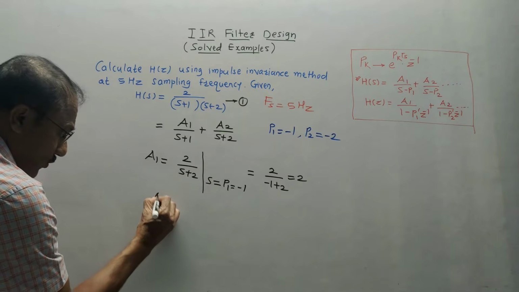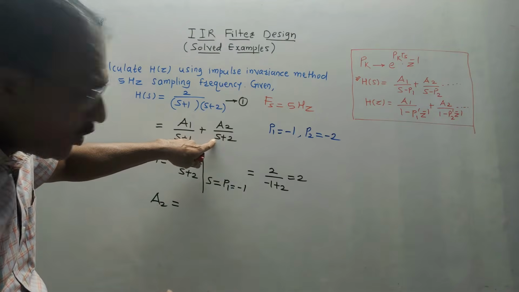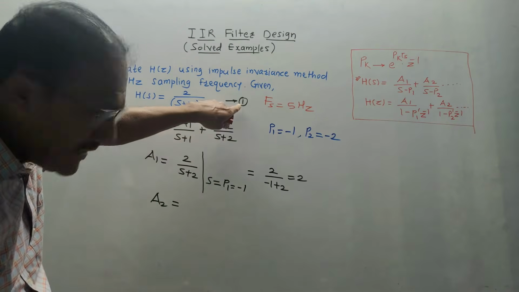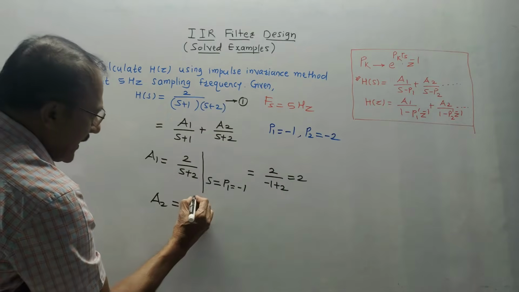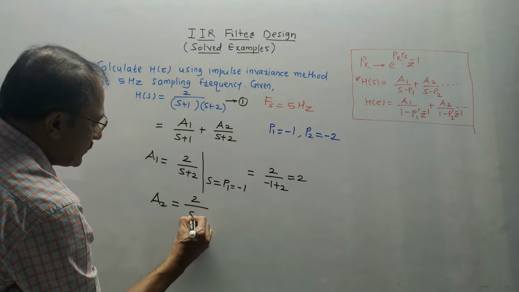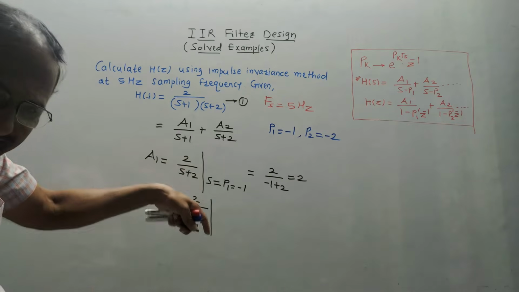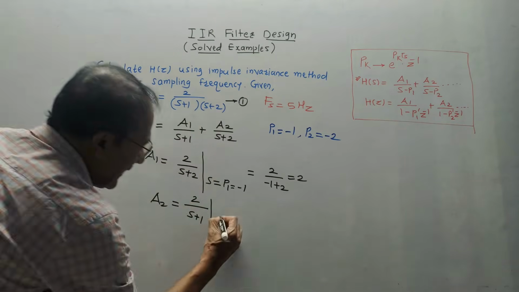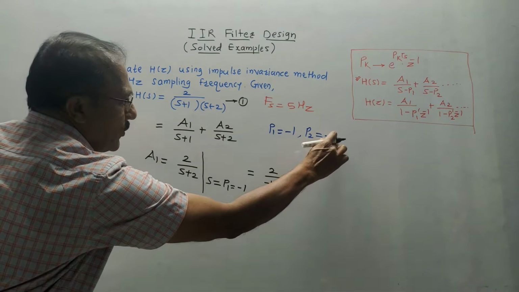Same way, to calculate A2, look at this equation. The denominator of A2 is s plus 2. So in the given equation, in equation 1, skip the term s plus 2, write down the remaining equation as it is, 2 upon s plus 1. Do this calculation. This vertical line indicates do the calculation at s equals P2. That means P2 is minus 2.